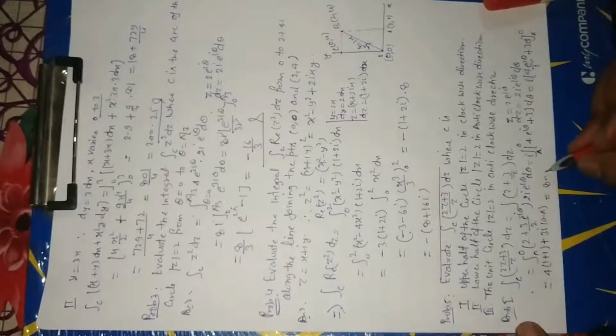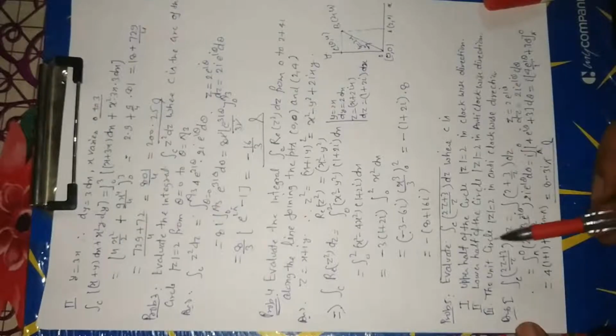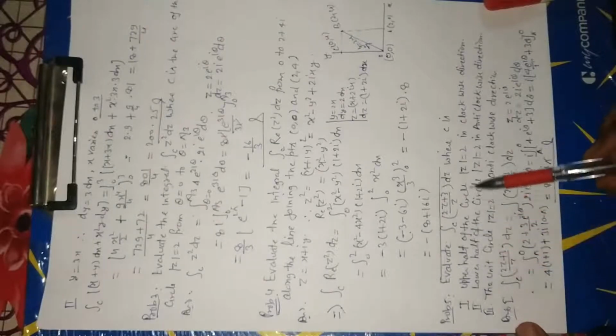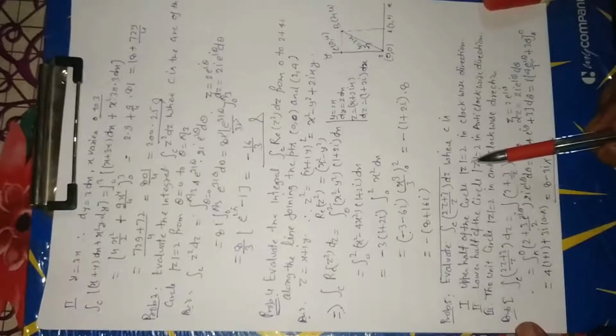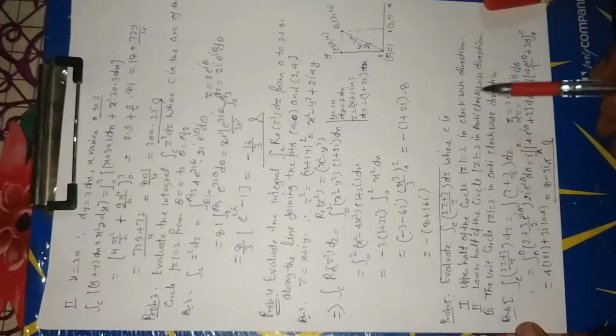Now 8 minus 3i pi is the complete solution in case of the upper half of the circle modulus z is equal to 2 in the clockwise direction.